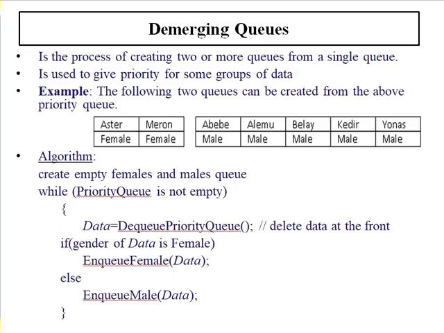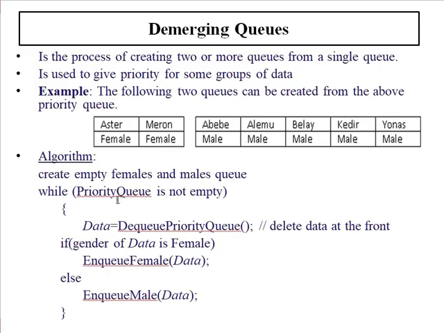So for example, the previous queue can be categorized into two because we have gender as a priority indicator key attribute. So here we can categorize the female as one queue and the male set as another queue. So this is how we can create sub queues from a single priority queue.